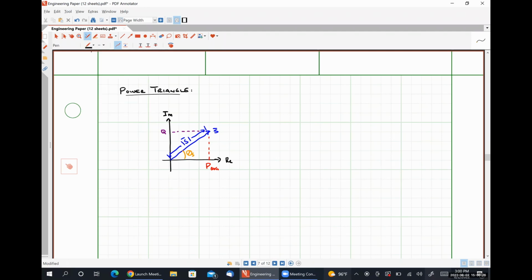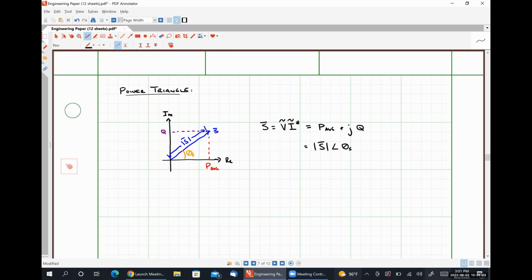So succinctly, we can say that our complex power S is, by definition, RMS phasor voltage multiplied by the complex conjugate of our RMS phasor current. And in rectangular form, this looks like P average plus JQ. So average power plus J reactive power, or apparent power angle, power factor angle.